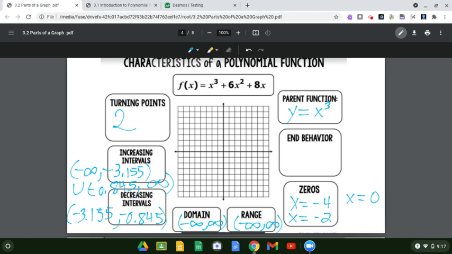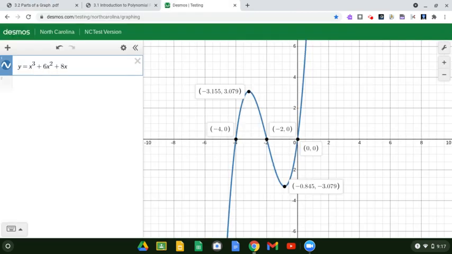Okay, end behavior. Yesterday we looked at the end behavior chart. I can use that, or I can just look at my Desmos. I know it's a positive leading coefficient, a positive 1, and it's an odd degree. So positive odd has the end behavior down, up. Left-hand side is down, right-hand side is up.